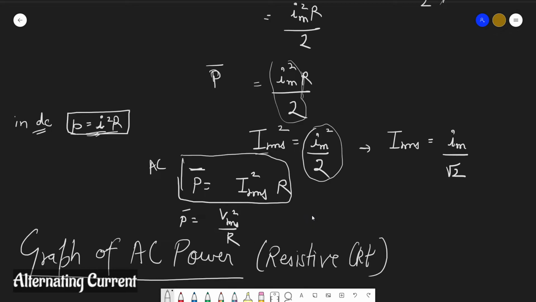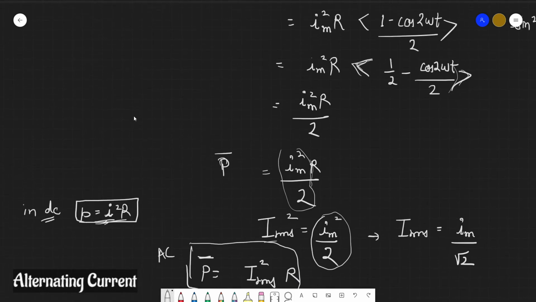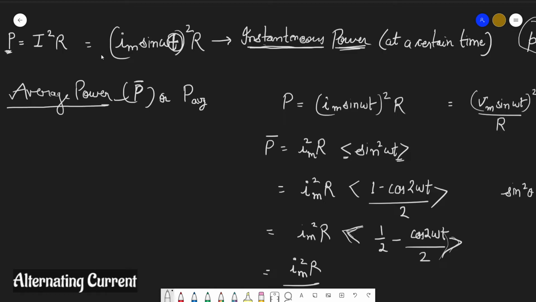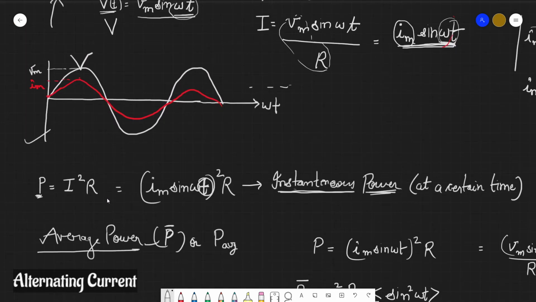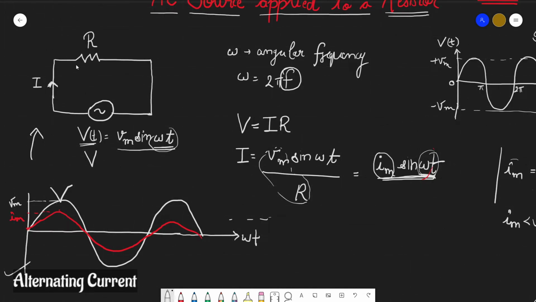So ultimately, if you see R in the circuit I drew, Irms R is the drop, so Irms R will be this voltage Vrms.